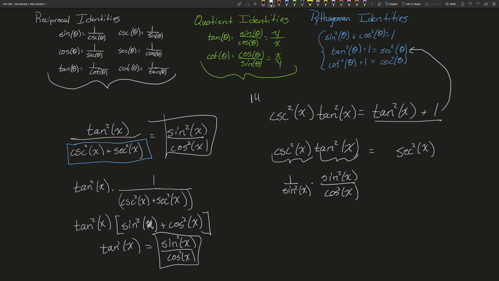When we multiply these two things together, these sines cancel, which is 1 over cosine squared, which is secant squared. And because these two things are equal, we proved it.